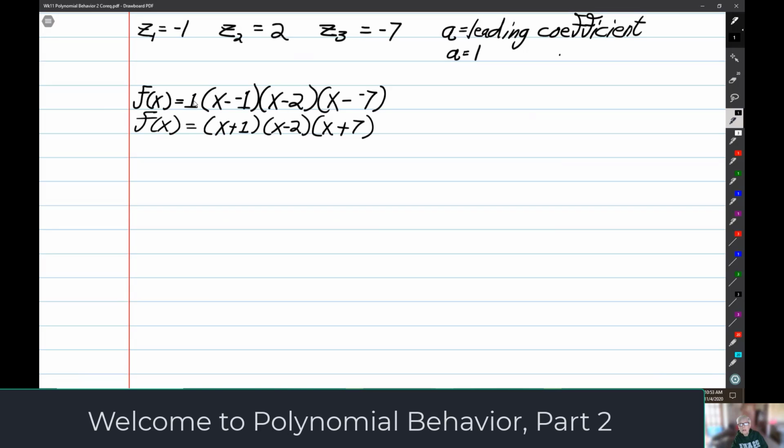Remember that when 1 is multiplied by anything, it disappears. So this is what we're going to multiply together. The way I do it is I multiply the last two terms together first. It's not a rule. I just found it easier. You can find your own way.